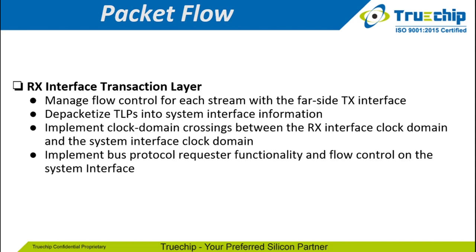And we have RX interface transaction layer that manages flow control for each stream with the far side TX interface. Depacketizes TLPs into system interface information, implements clock domain crossings between the RX interface clock domain and the system interface clock domain, and implements bus control requester functionality and flow control on the system interface.